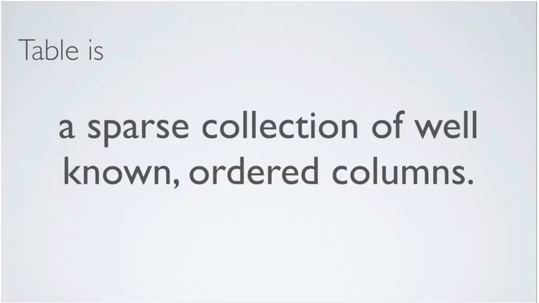So CQL3 and Cassandra know the columns that we expect. They're ordered in the sense that they're still ordered by their name, and they're sparse because Cassandra only stores, for each row, the columns that the row actually has a value for, and it stores the name with them. And just the same way that the storage engine has always worked, we don't expect every row to have the same columns.